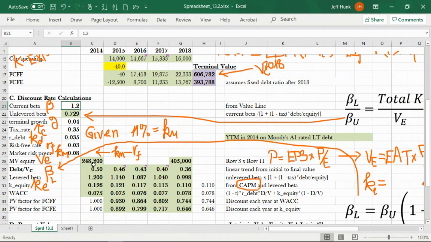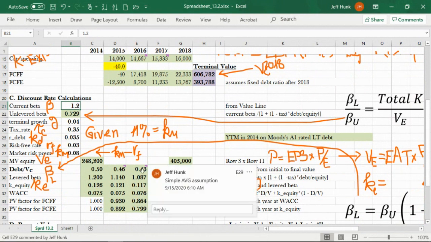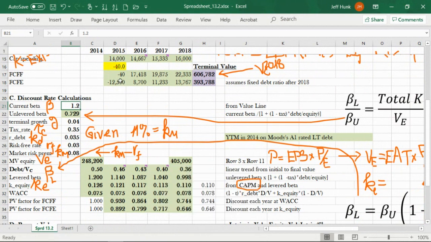The most recent annual data we have now is 2019 data, not 2020, because 2020 isn't over yet, right? So think about it: year after year, the leverage will change, the capital structure will change.